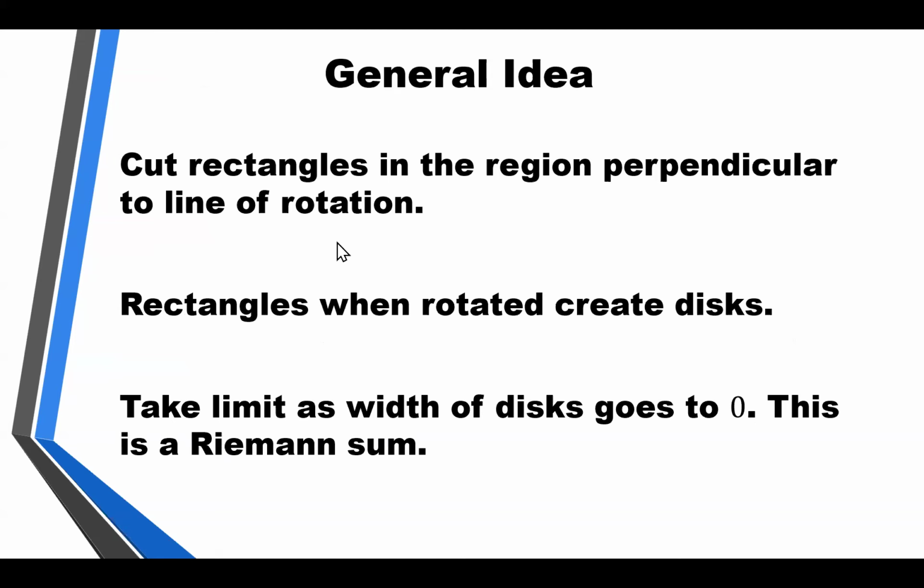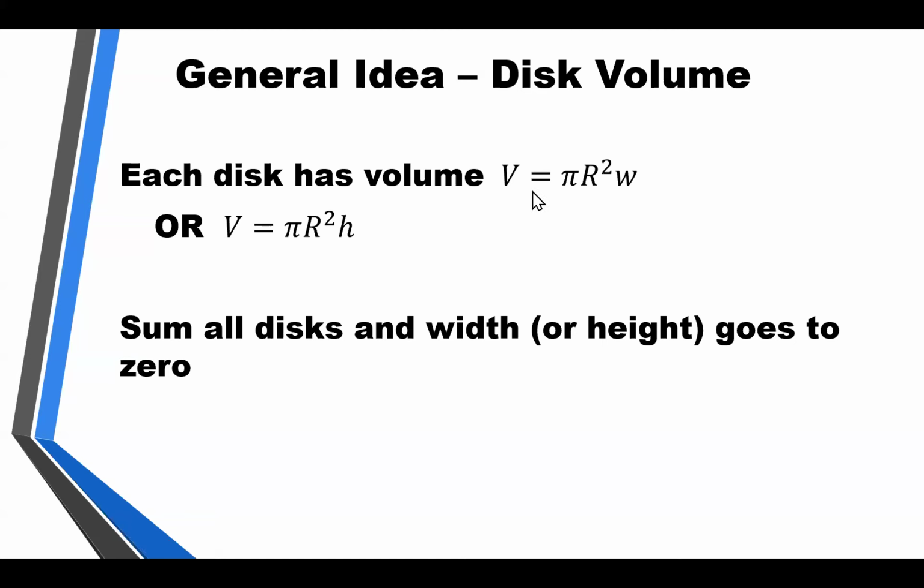Now, when I drew this on Desmos, notice that my rectangle was essentially perpendicular to the line of rotation. The line of rotation was the x-axis, which is y equals 0, and the rectangles were vertically oriented. So my volume of each disk that was created is pi r squared times a width. If I would have rotated a region around the y-axis or some other vertical line, then it would have been a height rather than a width.